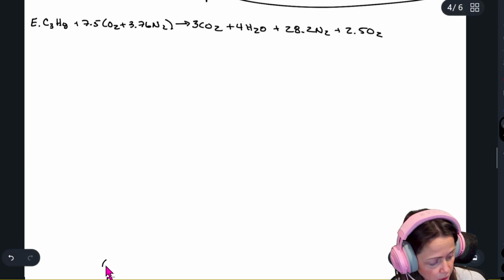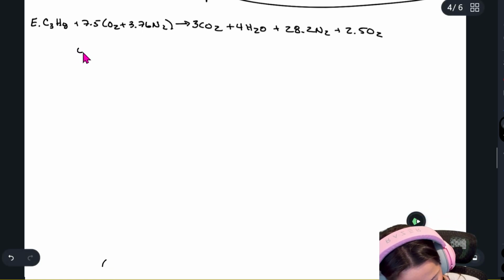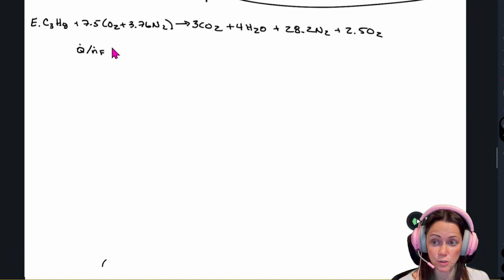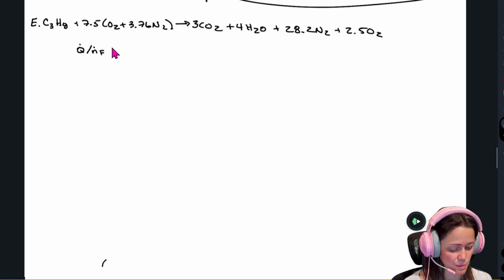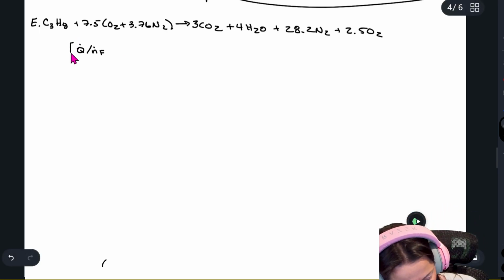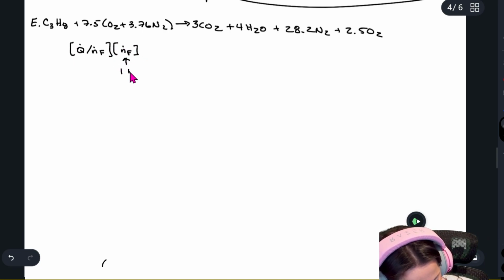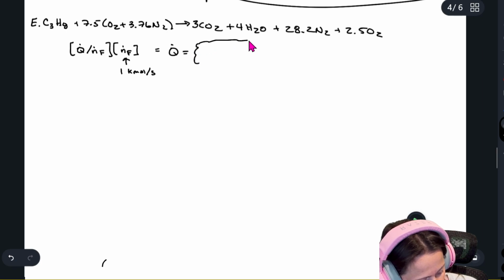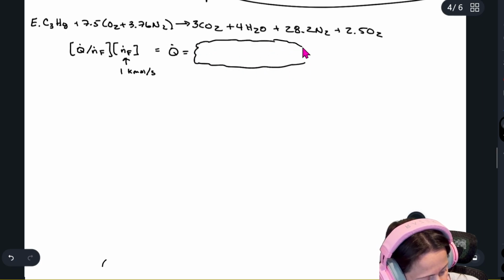All right, no problem. So I know that I have an equation for Q dot over N dot of my fuel. Keep in mind that the N dot of my fuel is just 1 kilomole per second. So the fact that I just want Q dot is going to be really easy, because if I multiply this by N dot F, which is 1 kilomole per second, that's going to give me my Q dot. So I'll just put that, this is my spot for all that.